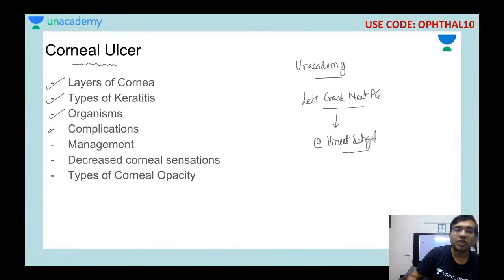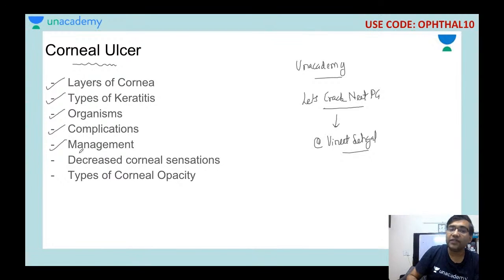They would ask you the complications of the corneal ulcer, like descemetocele, perforated corneal ulcer, anterior staphyloma, endophthalmitis. Then they would ask you about the management of corneal ulcer. You have to tell that you would use topical, freshly prepared antibiotics, which are called fortified antibiotics, and you would use a cycloplegic also.